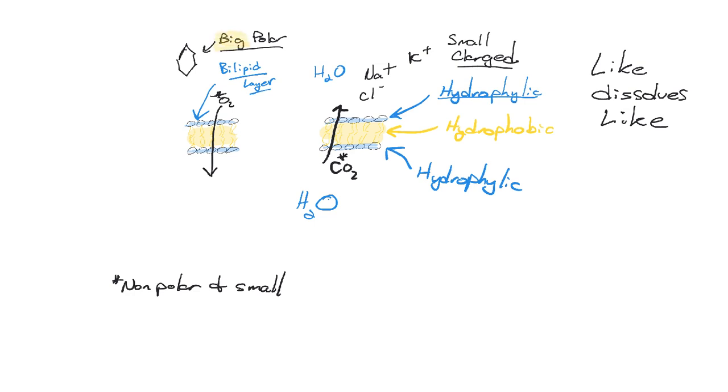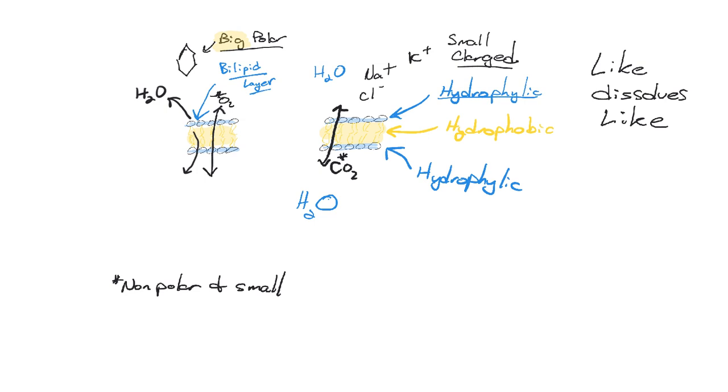And if it's small and charged, it's going to be hard to get through the membrane. Small polar, like water, can get through the membrane, but it happens very slowly, and it can go both ways. Everything can go both ways, by the way. It's not just a one-way movement.